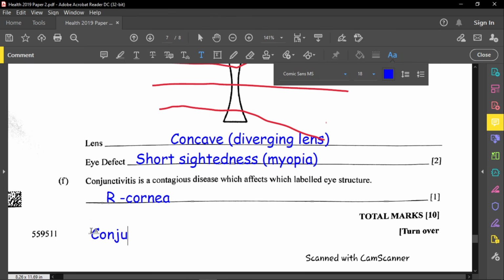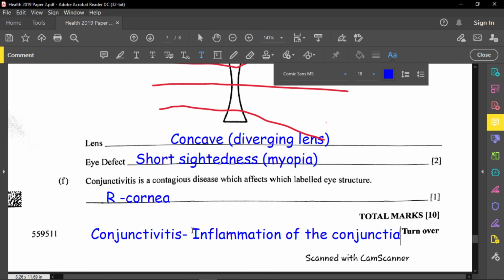So conjunctivitis, all right, this is inflammation of the conjunctiva. So notice the name conjunctivitis affects the conjunctiva, but the conjunctiva is not shown on this paper. So again, it will also affect the cornea.